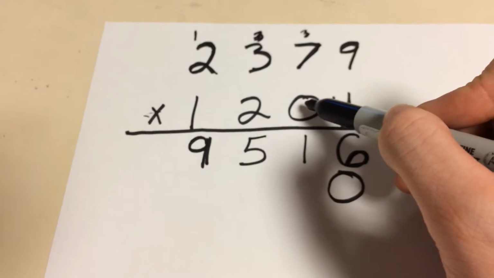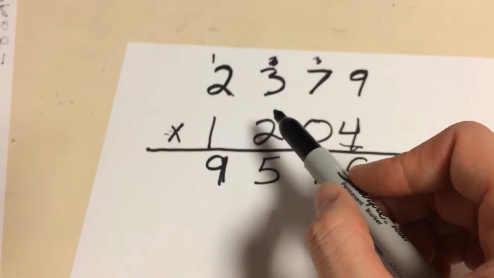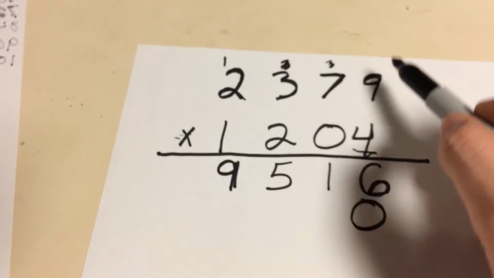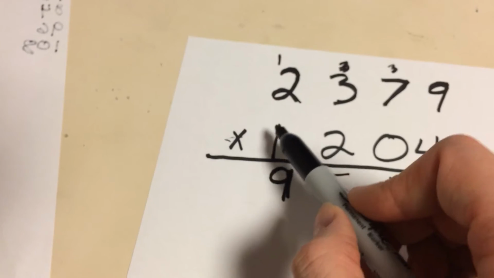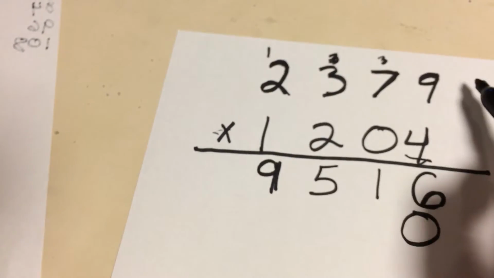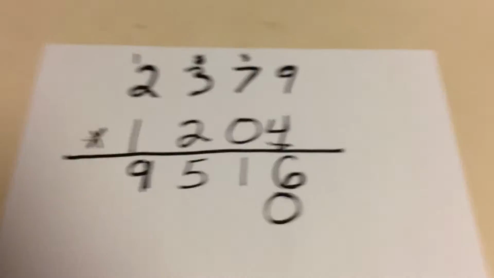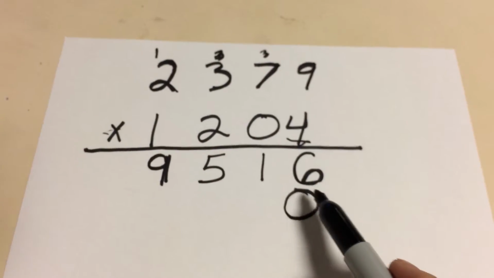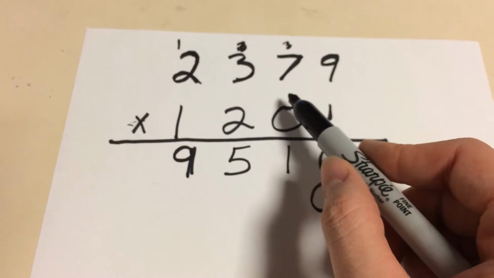When we multiply from this point, we're multiplying by 2, but we're also multiplying by 10 to the second power. When we're here, we're multiplying by 1, and also by 10 to the third power. So we multiplied by 10 to the first power right here because it's the tens place.